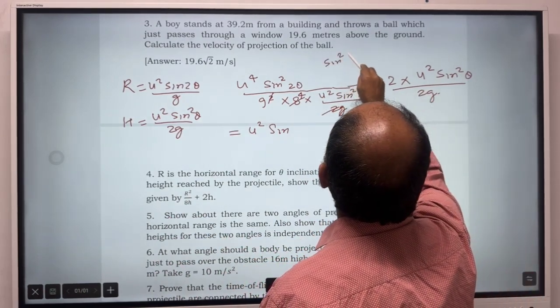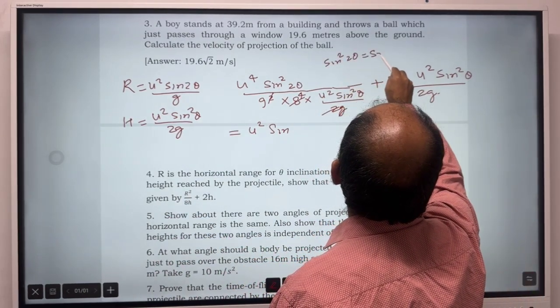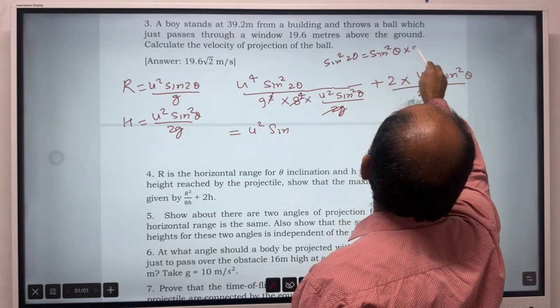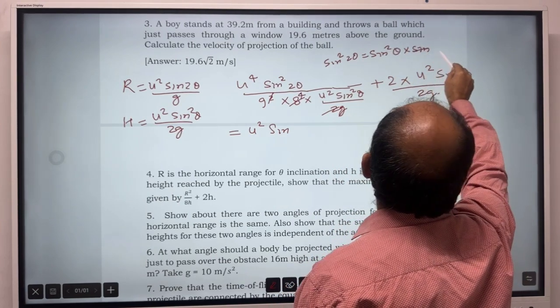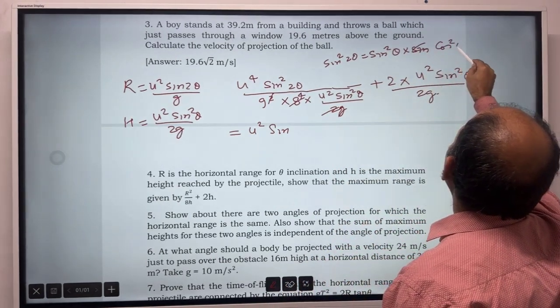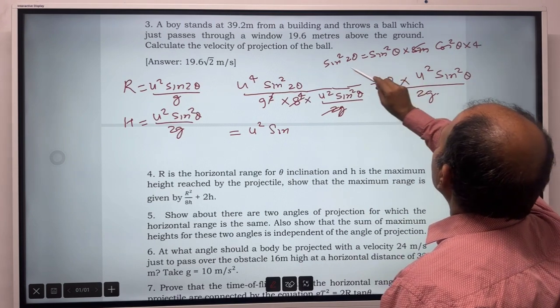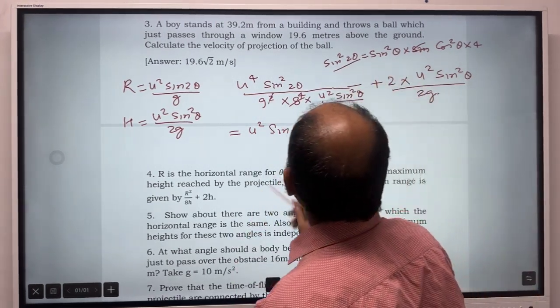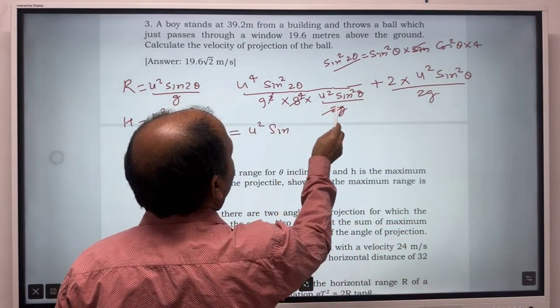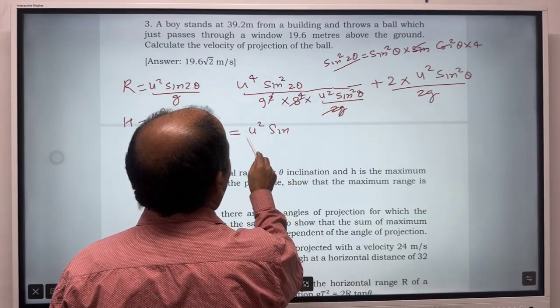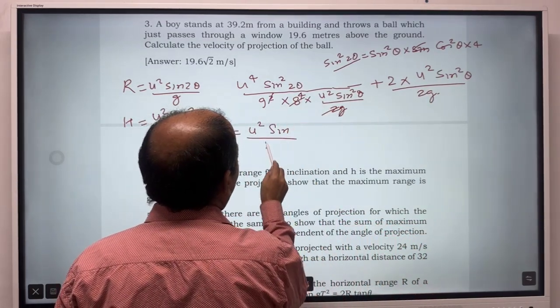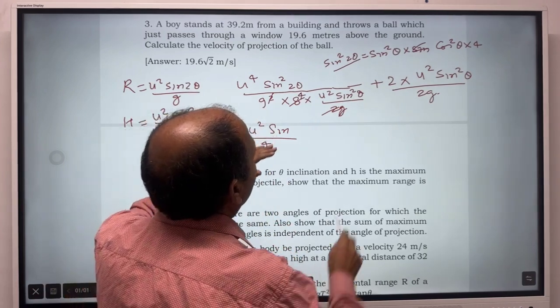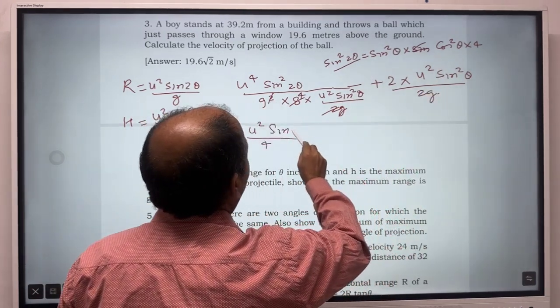So sine square 2 theta means sine square theta into cos square theta into 4. Why? Sine 2 theta equal to 2 sine theta cos theta. So we can write that value, and before cancelling, here we have 4, keep in mind, don't get confused. And in numerator also we are getting 4.